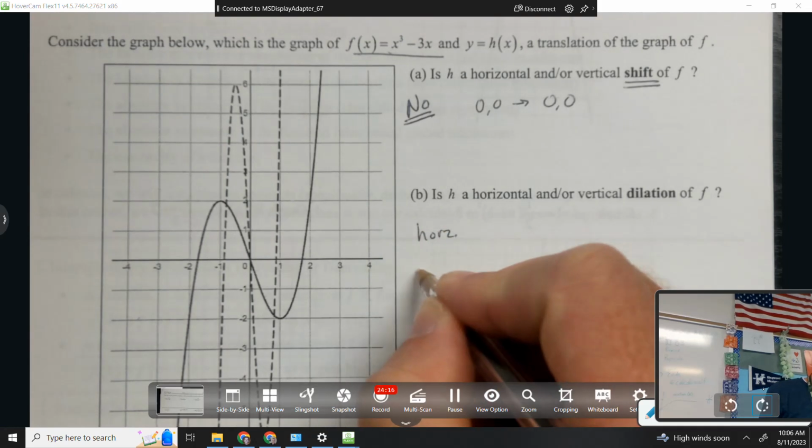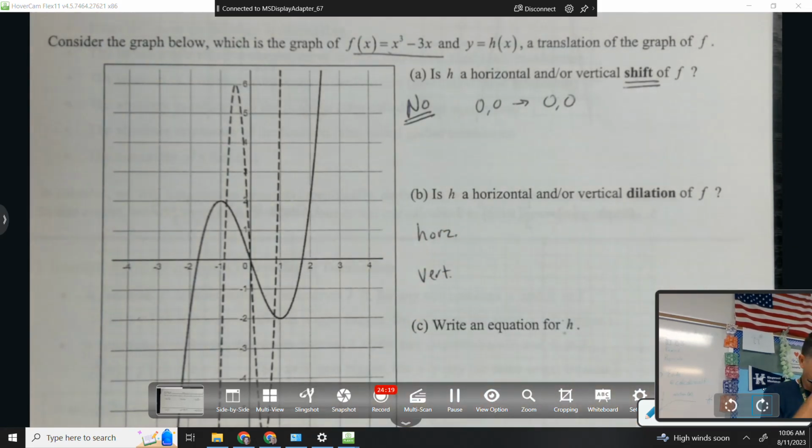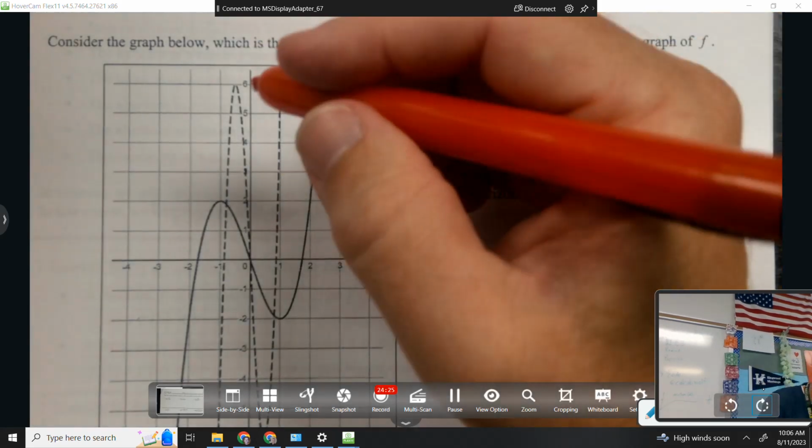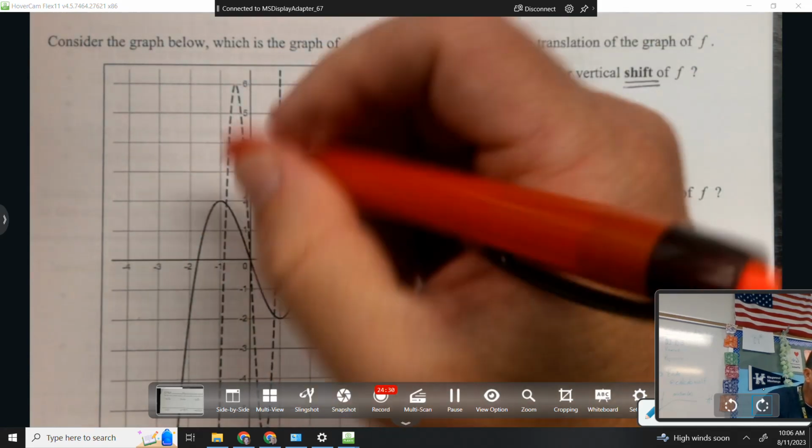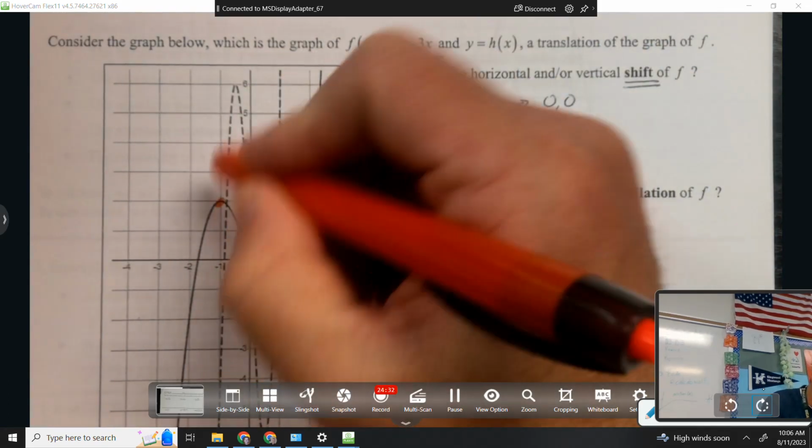Okay, you wanted to do horizontal first, so the left and right stuff. Again, pick out a key point, or a corresponding point. I guess we've been doing the one on the left. Let's stay there.